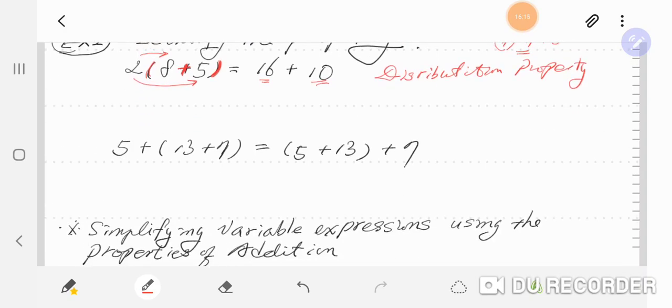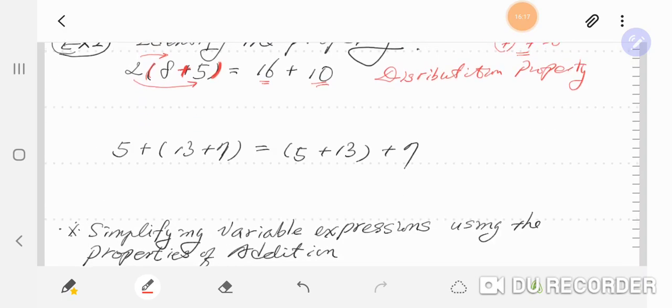All right, how about the next one? Look at the equation. There are 3 numbers, 5, 13, 7, and 5, 13, 7. The order of the positions of the 3 numbers is the same. The difference is the left side of the equation is adding the last 2 numbers, but the right side is adding the first 2 numbers. You know, the grouping is different, right?